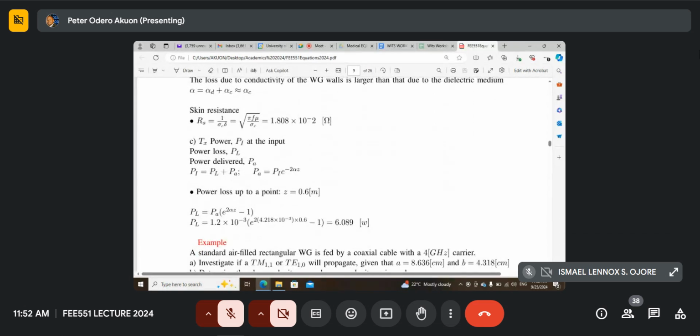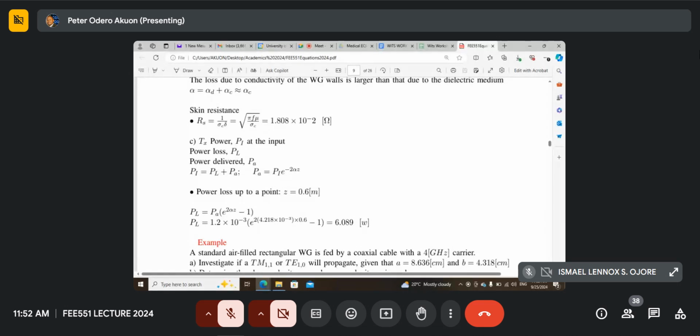So you have Tx power Pi at the input, the power loss PL, and the power delivered at the antenna is PA, isn't it? So if there's a loss, then it means the power that is delivered plus the loss is the power that is injected. So Pi is P loss plus P that is delivered at the antenna. But how does the P that is delivered at the antenna change with distance?